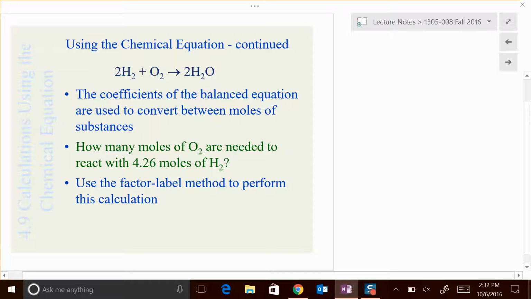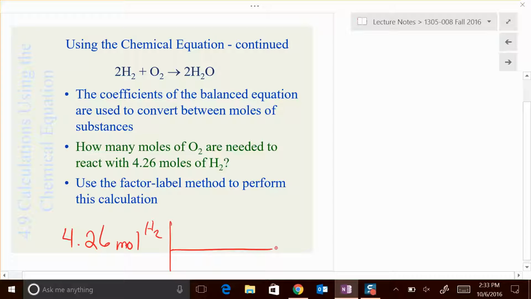All right. How many moles of O2 are needed to react with 4.26 moles of H2? How am I going to set this up? I start with 4.26 moles of H2. Okay, line thingy. That's very technical.